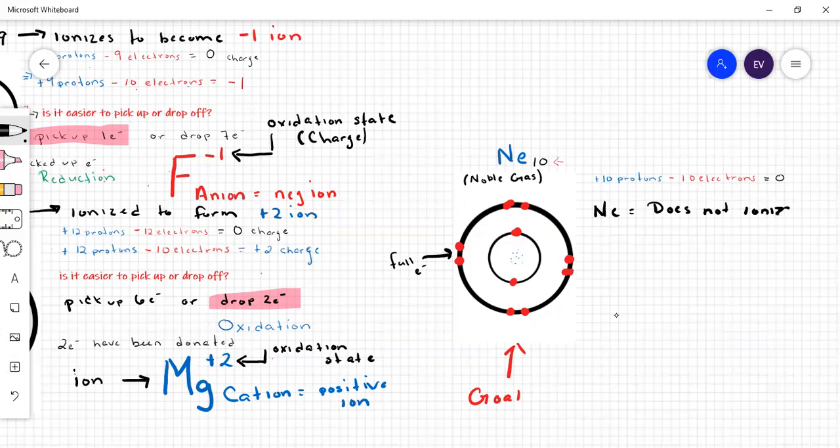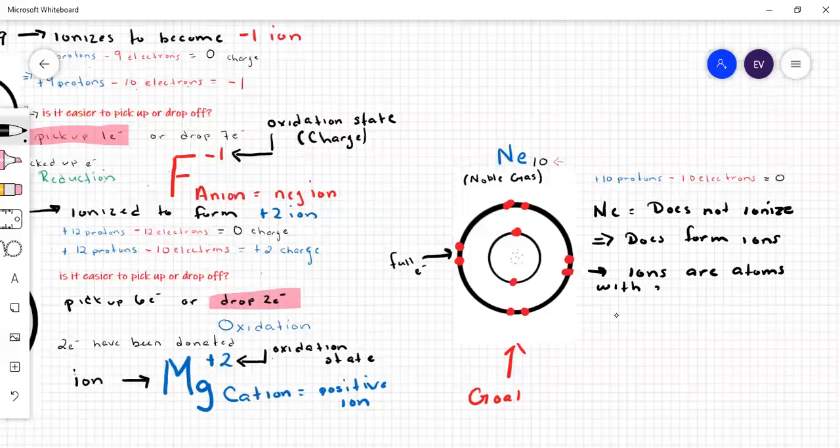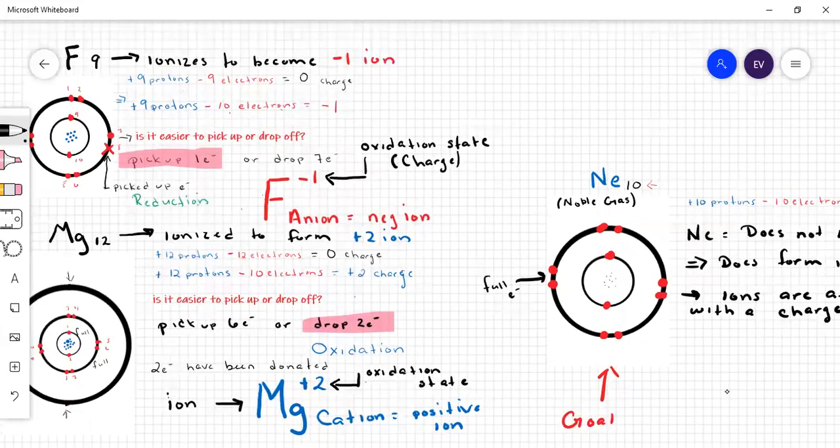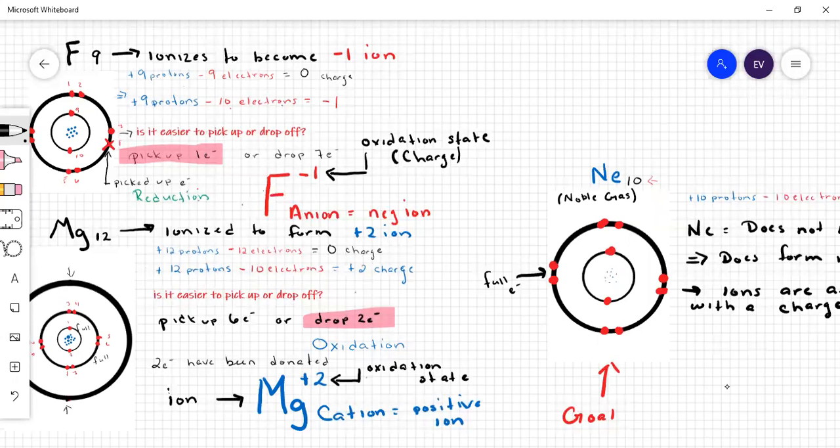And when I say does not ionize, that's just a fancy way of saying does not form ions, right? And what are ions? Ions are atoms with a charge, and they get those charges by either picking up or dropping off electrons, right? If they don't do either, they don't ionize, okay?